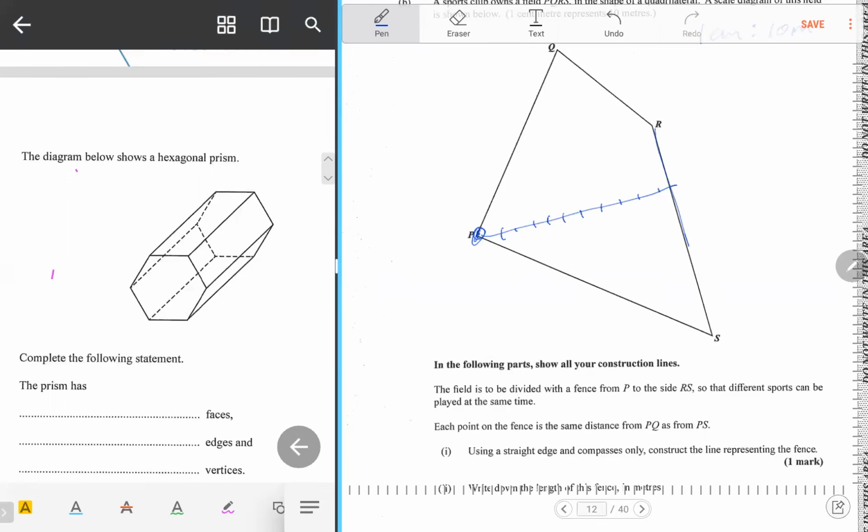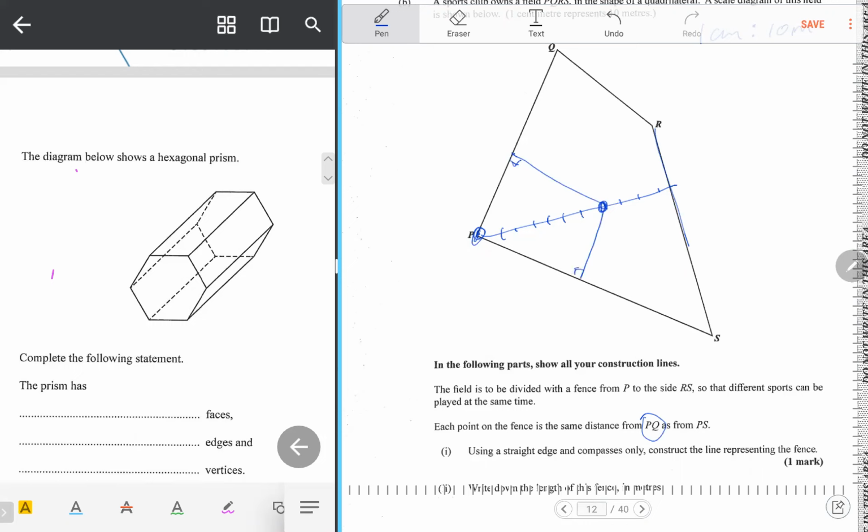All right, so when I say distance from a line, it's perpendicular distance. Once you hear distance from a line, they're talking about perpendicular distance. So what they're saying is take a point on this fence, for example. The perpendicular distance from this line PQ must be the same as the perpendicular distance to this one.